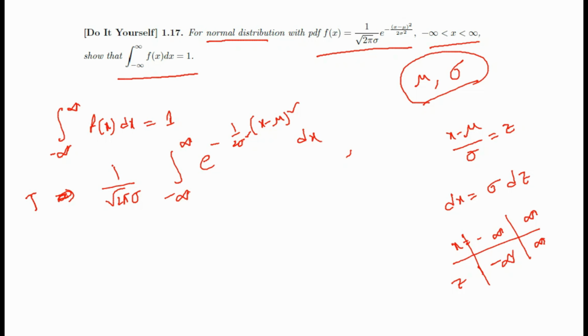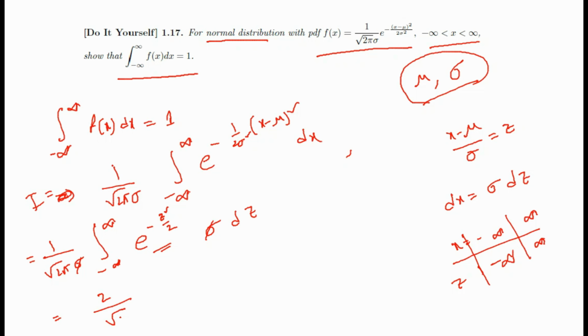So let's denote it by I equal to 1 by root 2 pi sigma, integral from minus infinity to infinity of e to the power minus z square by 2, and dx is sigma dz. So sigma will get cancelled, and again this is an even function, so you can write 2 by root 2 pi, integral from 0 to infinity of e to the power minus z square by 2 dz.